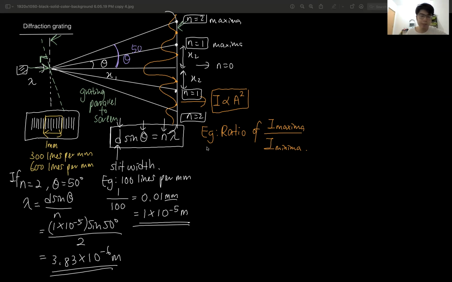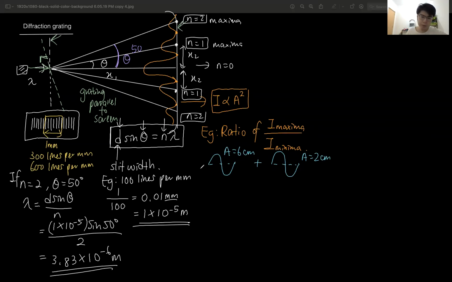So for the intensity at the maxima, suppose you got two waves arriving at the maxima. One wave has an amplitude of 6 cm, just an example, and another wave that interferes with it arrives at the same place with an amplitude of 2 cm.